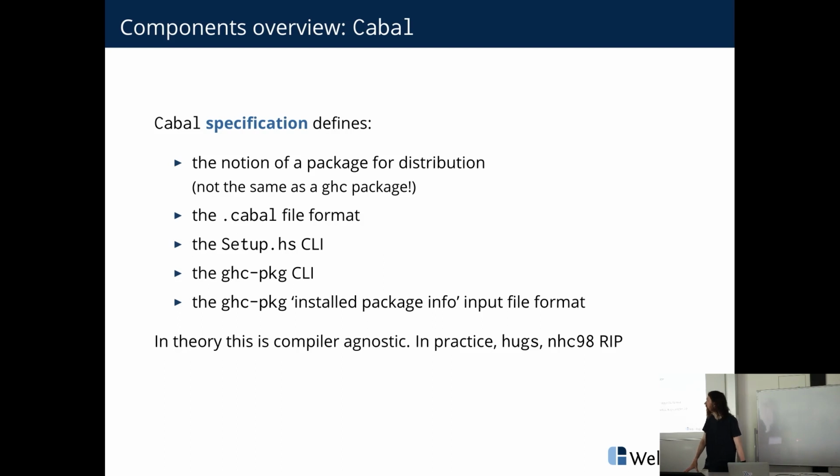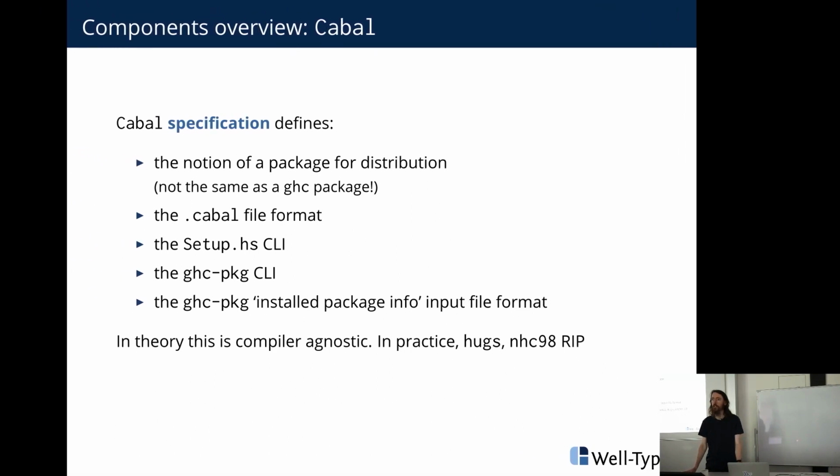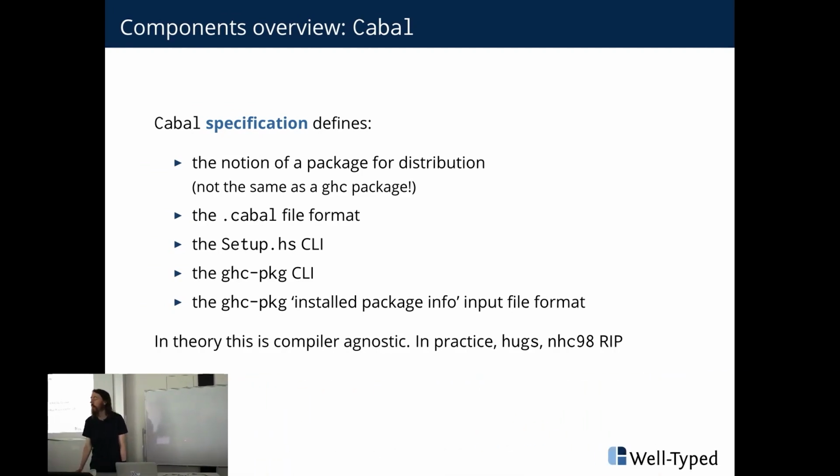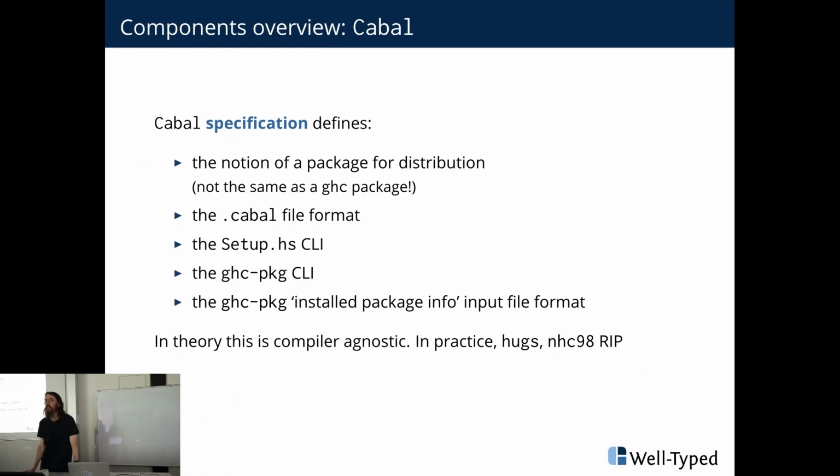And again, from the original context, at the time where there were multiple compilers, and we didn't want to be seen to be preferential to one or the other, the Cabal spec goes out of its way to be agnostic about different implementations, and it's supposed to be a not compiler-specific design. But as we all know, certainly the Haskell compilers that were around at the time are sadly no longer, and one or two have come and gone in the meantime as well.